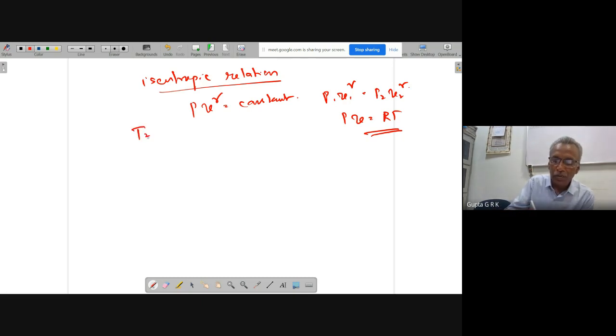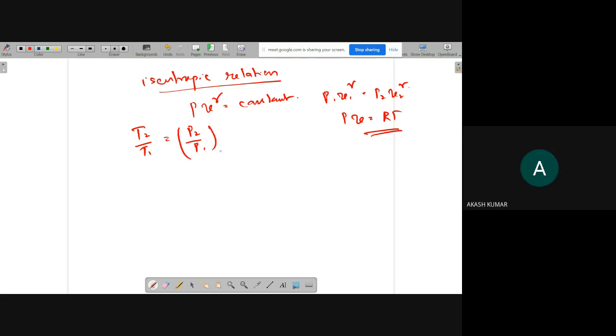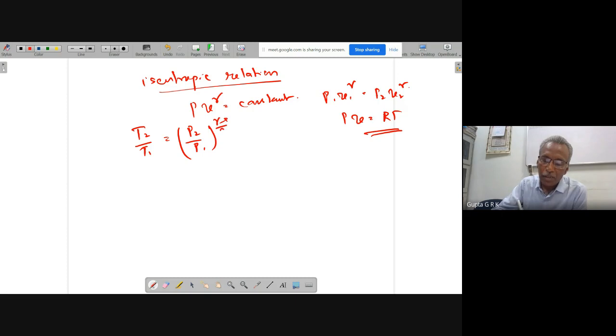So T2 by T1 is equal to P2 by P1 to the power of gamma minus 1 by gamma. Okay, so this is important. So T2 by T1 is equal to R to the power gamma minus 1 by gamma. The temperature ratio for the compressor is equal to the pressure ratio to the power of gamma minus 1 by gamma.